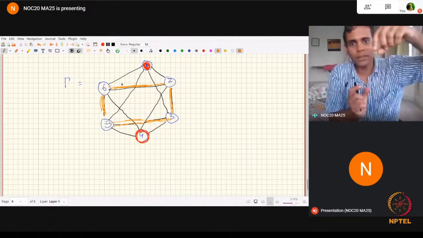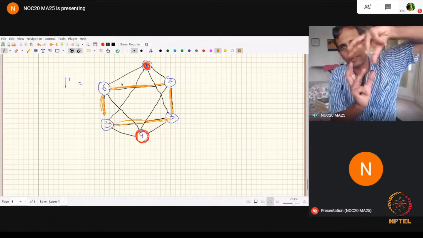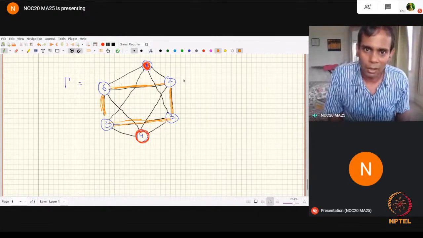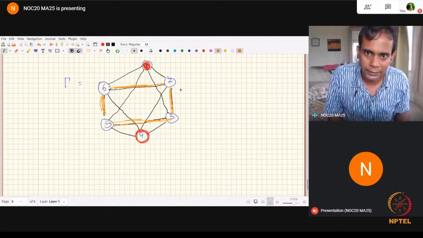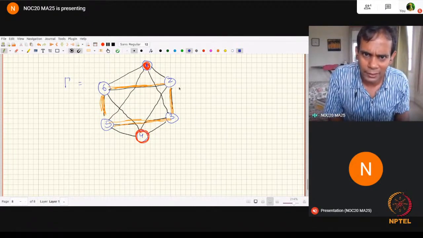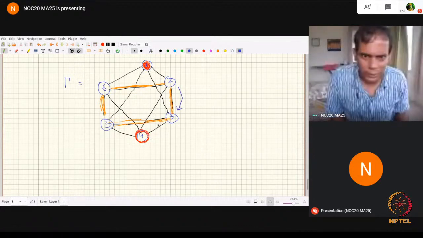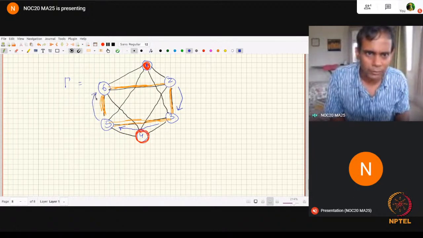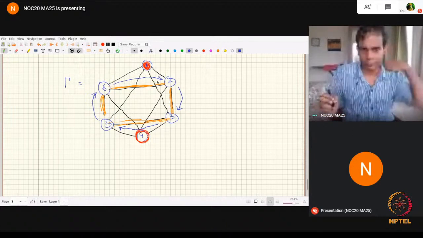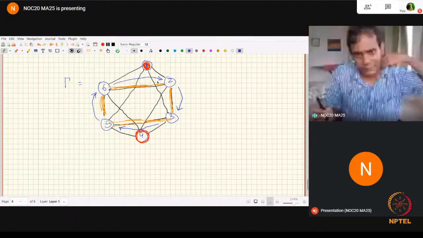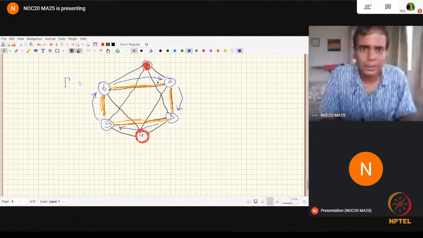And so you can take this object and rotate it by an angle of 90 degrees. What I'm talking about is a permutation, purely graph theoretically. You take 2 to 3, 3 to 5, 5 to 6, and 6 to 2. So that is a rotation.